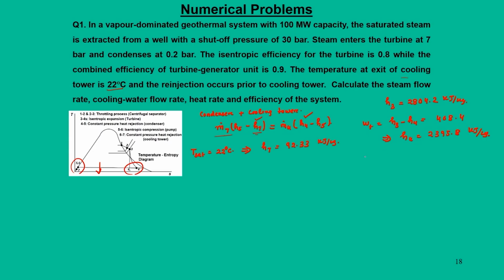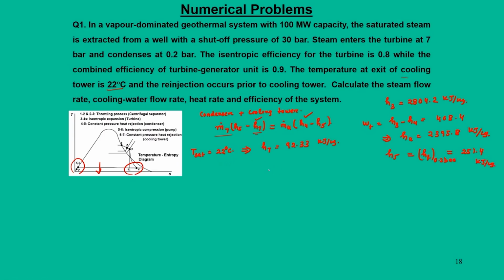So, we have h4, we have h7, then what is not known is h5. h5 can be calculated because that is at turbine pressure, 0.2 bar, that is nothing but hf. h5 is equal to hf at 0.2 bar, and that is 251.4 kilojoule per kg.